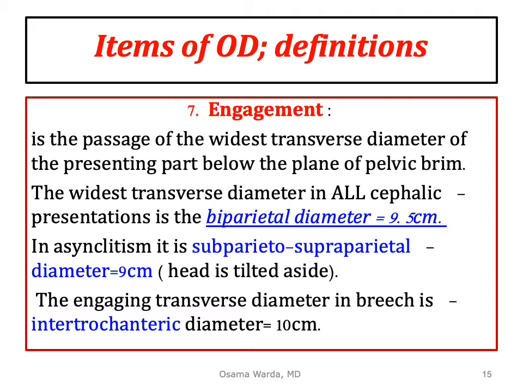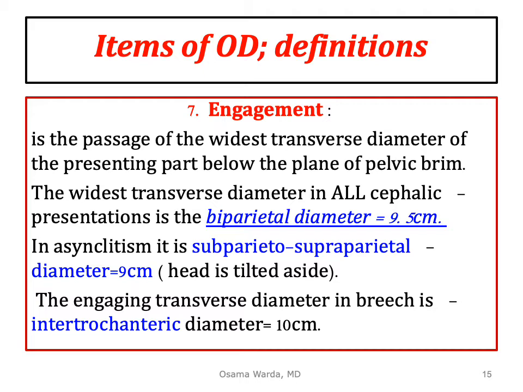And so the widest transverse diameter of all cephalic presentations is the biparietal diameter, except when there is asynclitism. The widest transverse diameter in cases of asynclitism is the subparieto-supraparietal diameter. So the widest transverse diameter of all cephalic presentations except in asynclitism is 9.5 centimeters, which is the biparietal diameter.